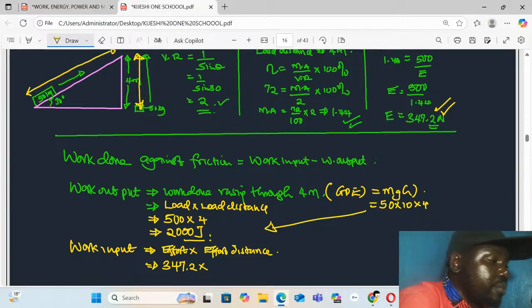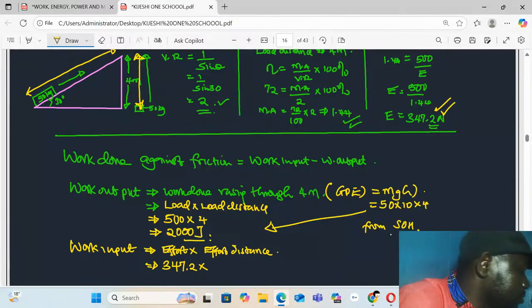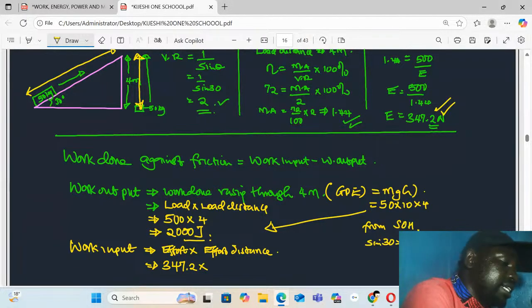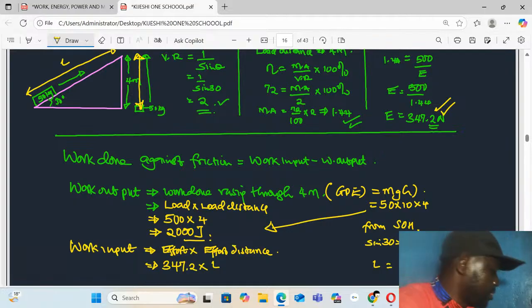From SOHCAHTOA, sine 30 from SOH will be the same as opposite, 4, divided by, let's say, L. So over L. So our L will be the same as 4 sine 30.